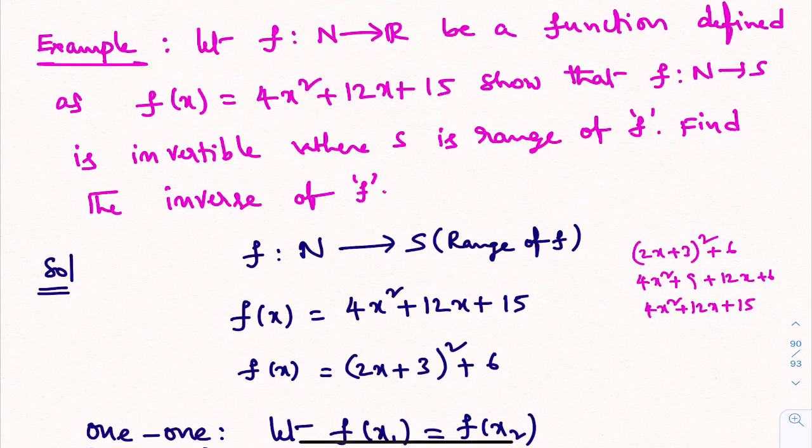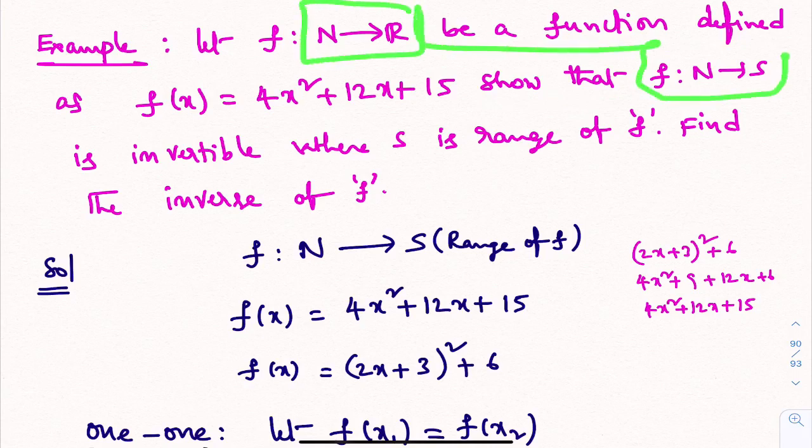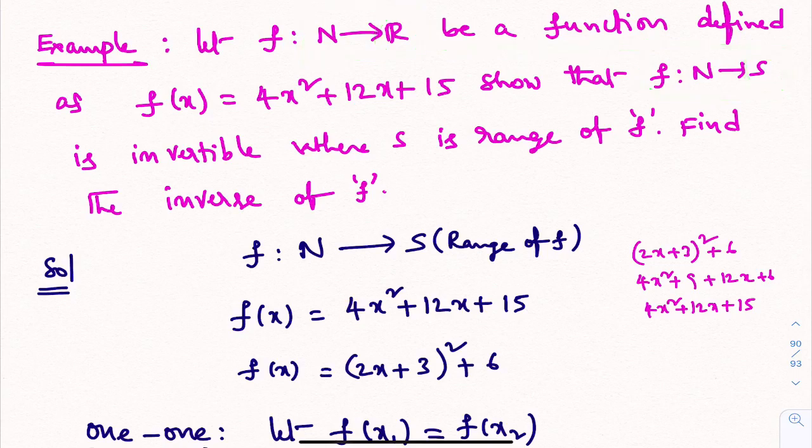Show that f from N to S is invertible. You need to observe one point here. This is f from N to R. You observe here, this is f from N to S. Here this is R, this is S. Difference is there. You try to understand. Which function are they asking to show invertible? They are asking to show that this function is invertible.